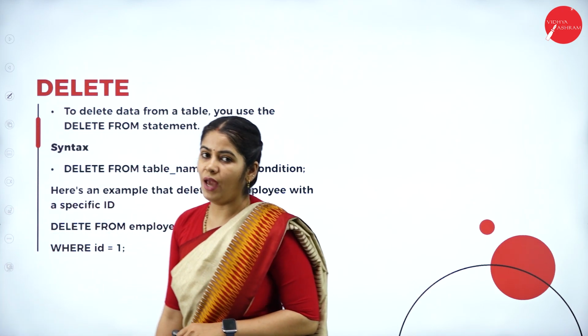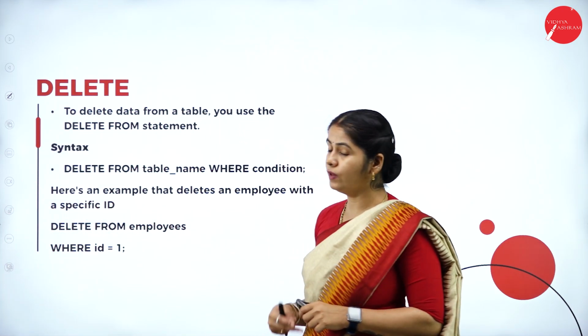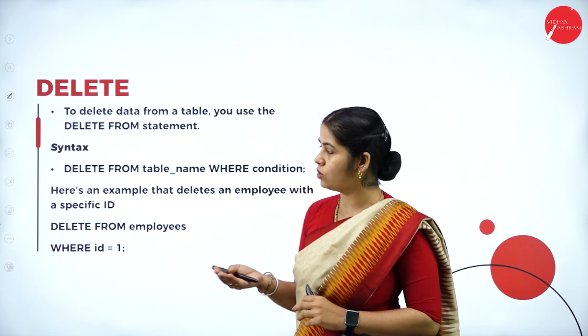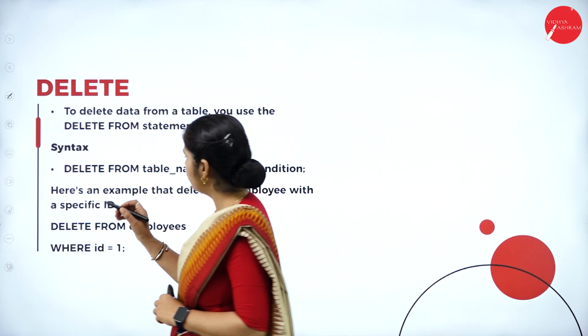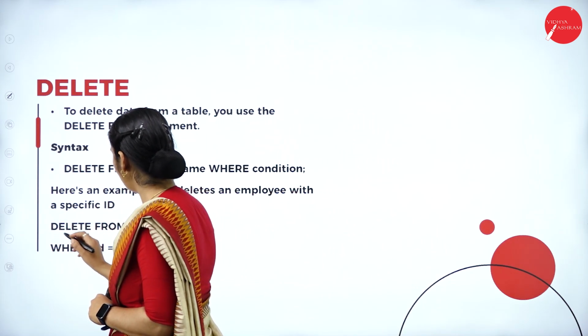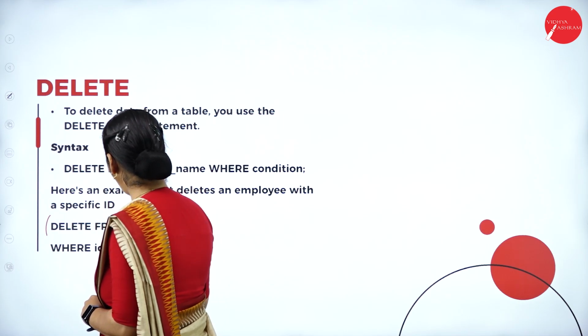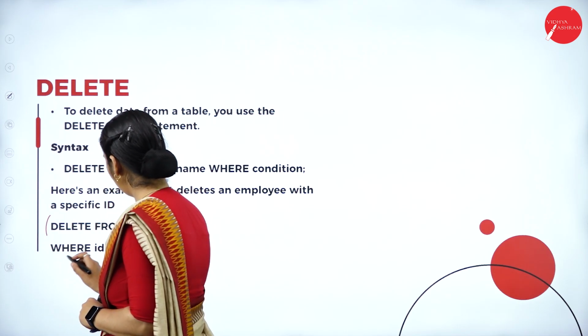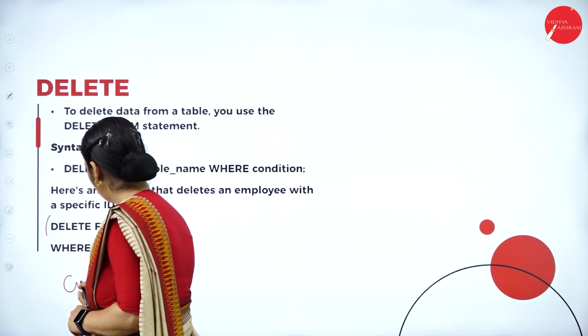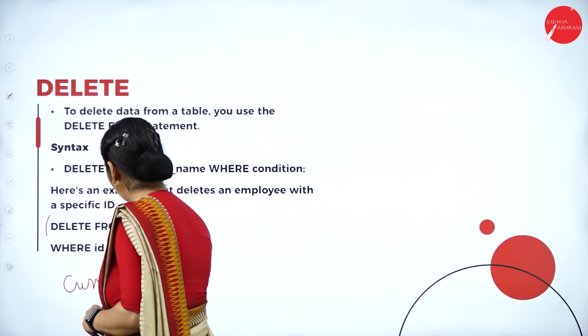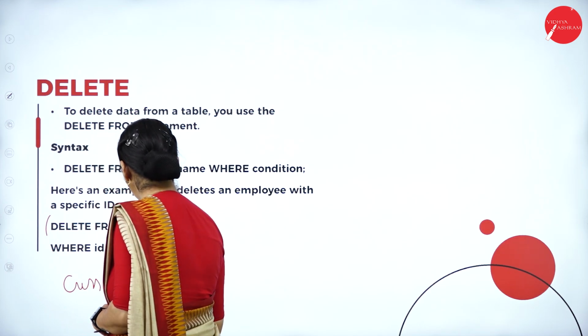And then what we have is the delete command. How can we delete the tables or the rows? We have to do the same with delete also. Here also we have to use a cursor, cursor.execute.